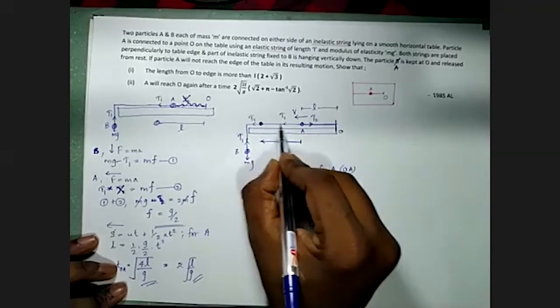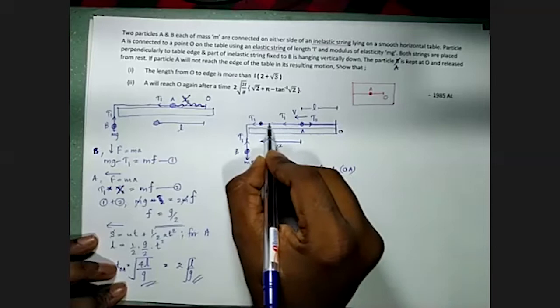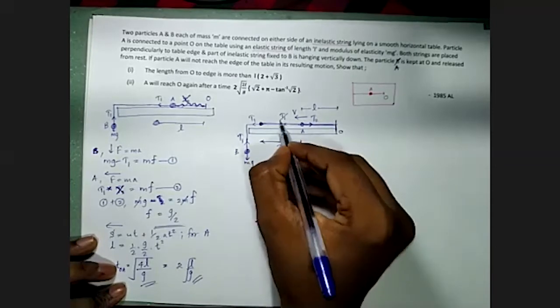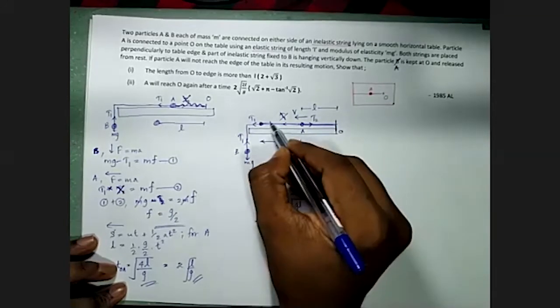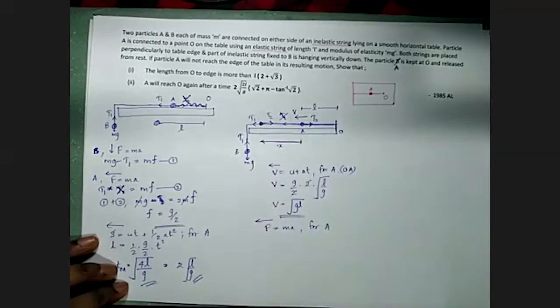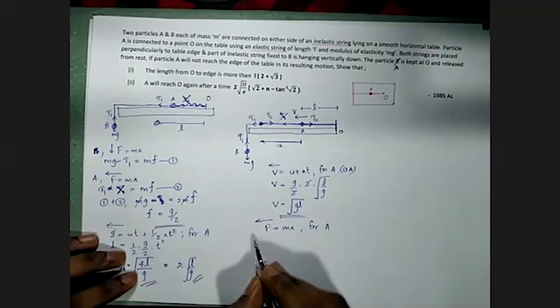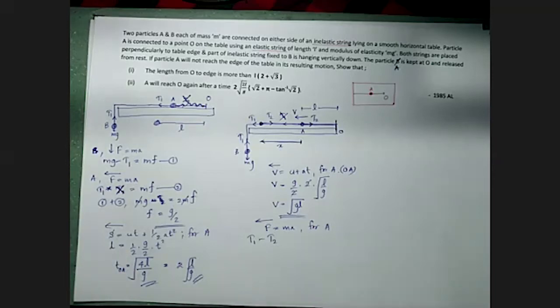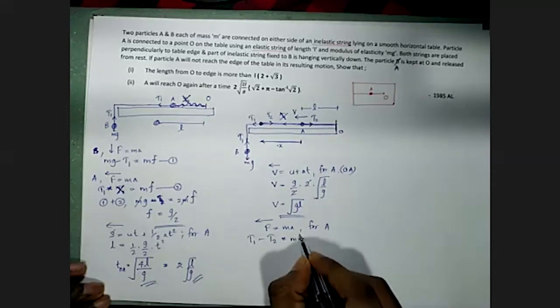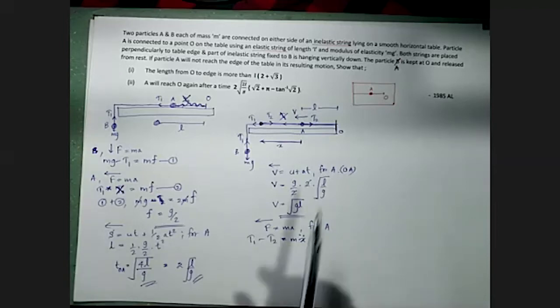So this is the same elastic string now, which is extended up to this point. Therefore there is no T1 here. It is moved to this location. This T2 is here. Then the forces are T1 minus T2 equal mx double dot. X double dot is the new acceleration of particle A. Now it is moving under simple harmonic motion.